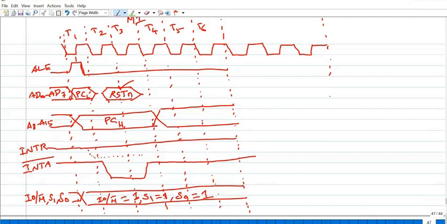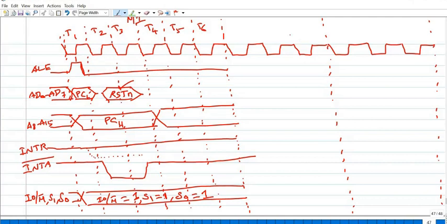The processor needs a minimum of 3 clock cycles to store the higher order address information in the stack. Then it requires another 3 T states, 1, 2, 3, to store the lower order address information in the stack memory. So this is machine cycle 2, this is machine cycle 3.